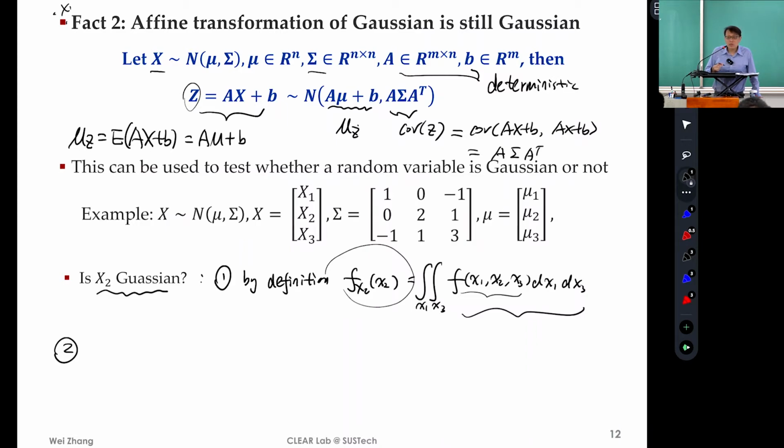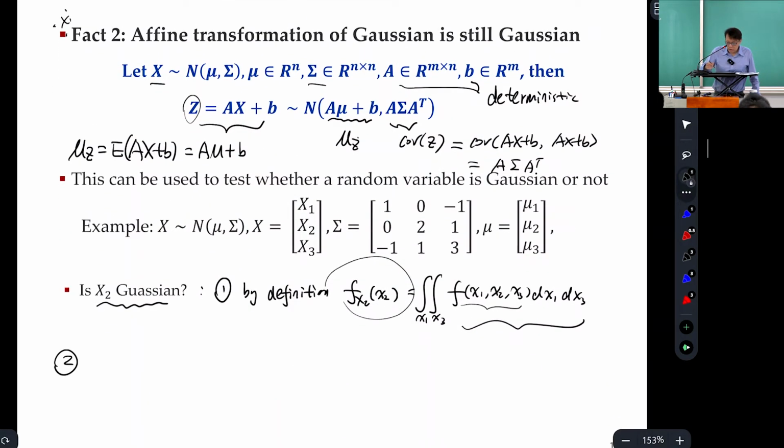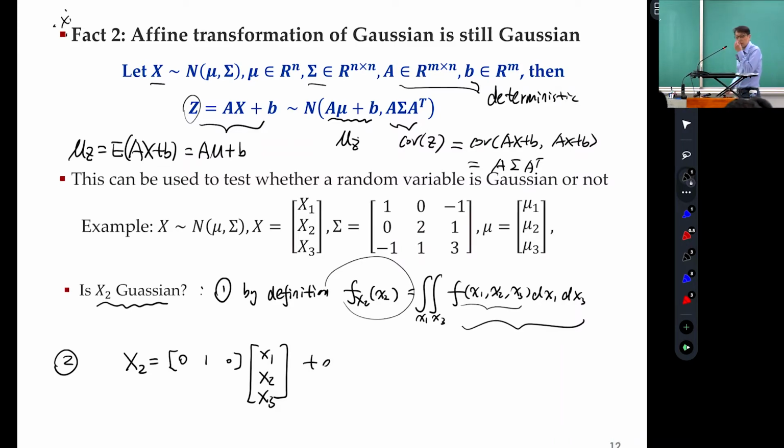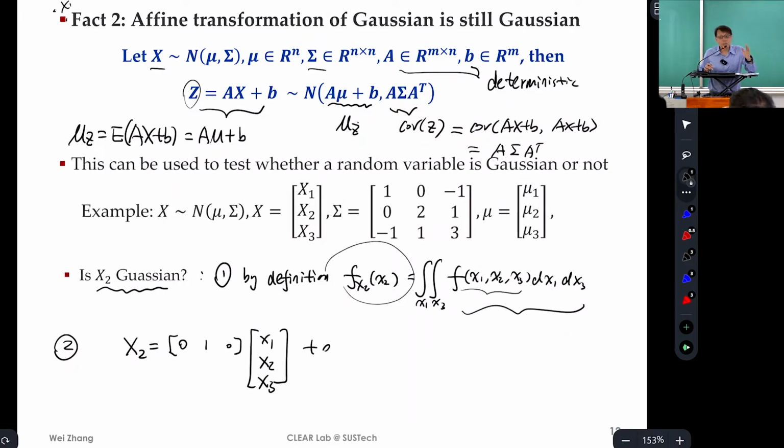Can you tell me a shortcut, using the fact we introduced here, to decide whether X2 is Gaussian or not? I can write X2 equals 0, 1, 0 times X1, X2, X3, plus 0. Your linear algebra should be good enough to see it right away.